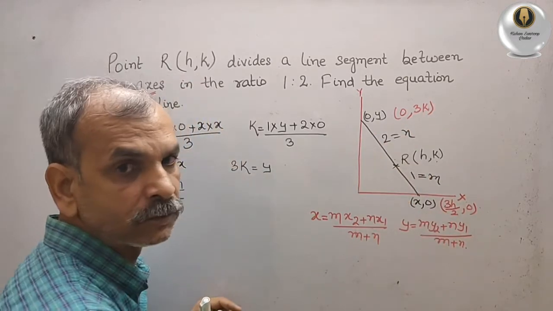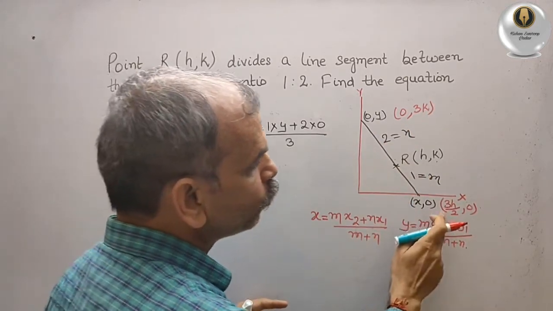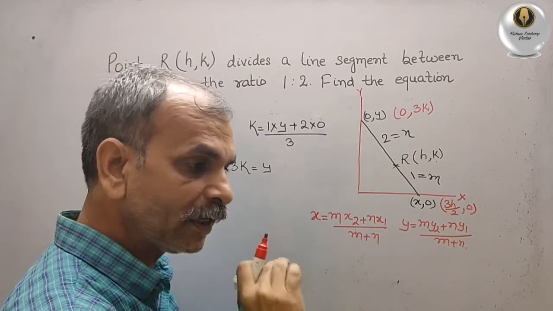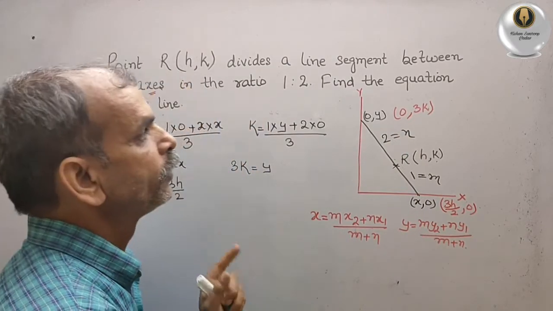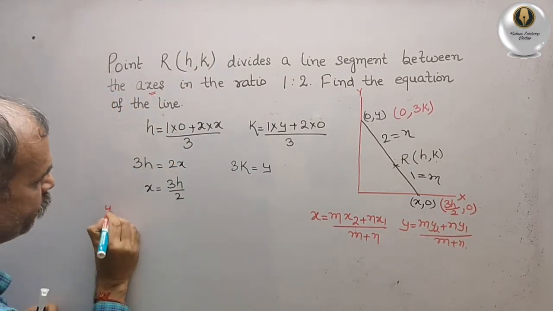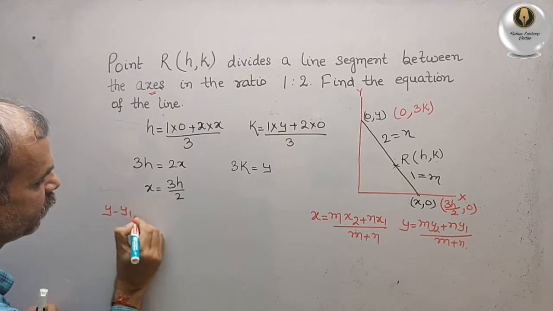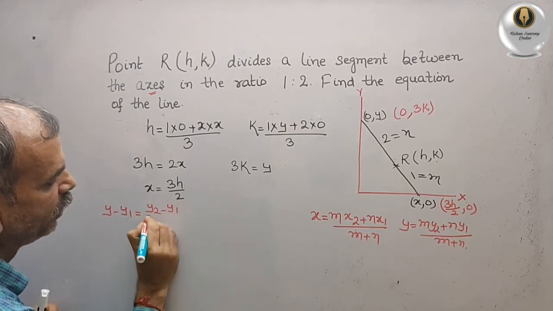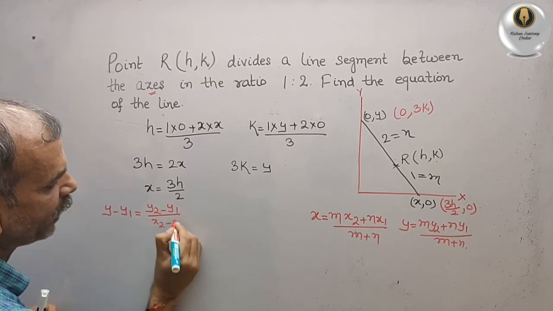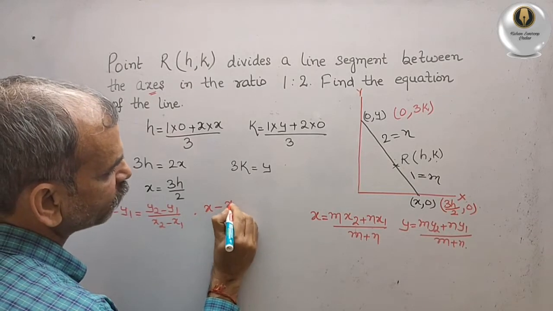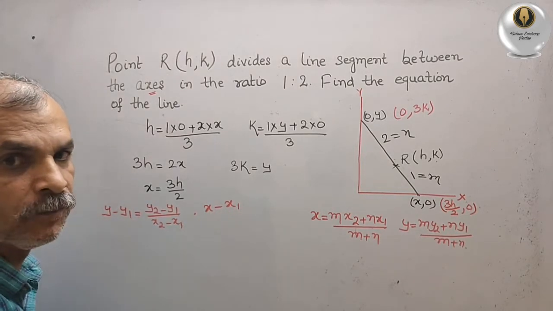Now we have two coordinates. We know how to make a linear equation. That is y minus y1 is equal to (y2 minus y1) by (x2 minus x1) into (x minus x1). That's all.